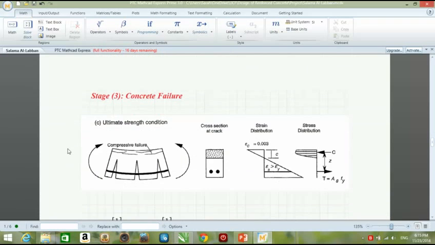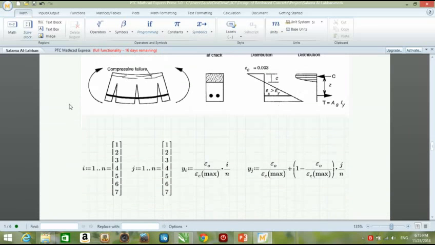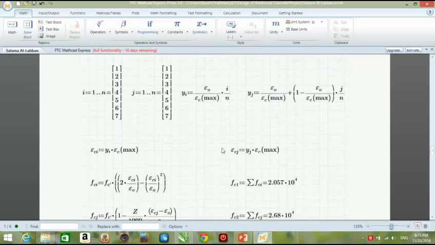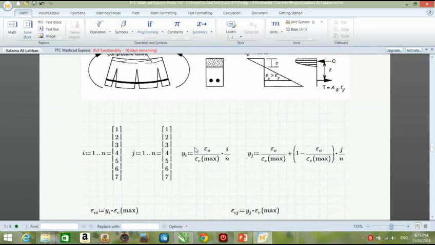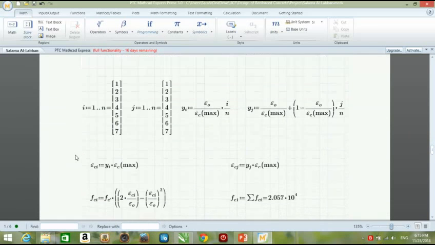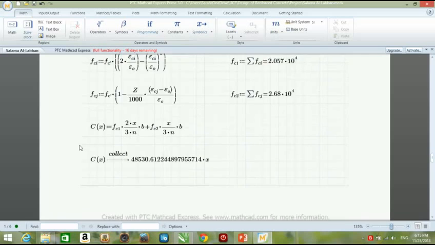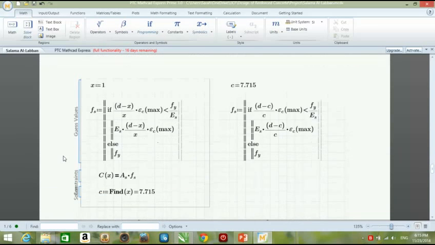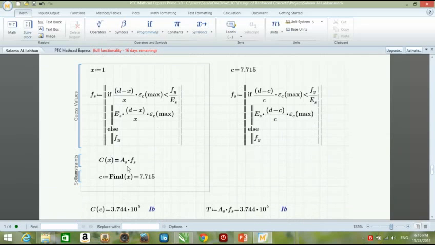In the last stage, we used many equations to calculate the compression force and tension force for the nonlinear relationship. For compression, C equals the various volume X. By using this equation, C will be 7.715.